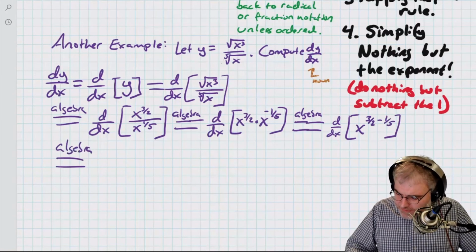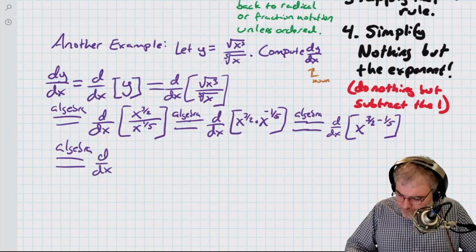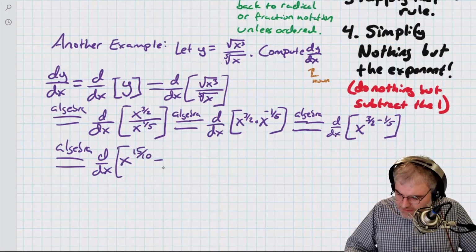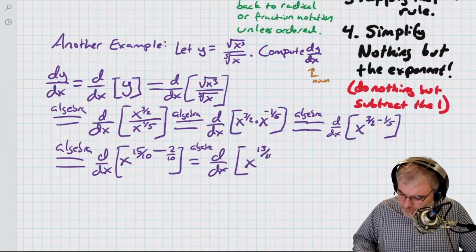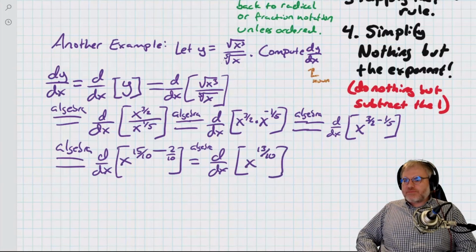Let's see, the common denominator is 10. x to the 15 over 10 minus 2/10 equals x to the 13 over 10. Nope, doesn't equal that. It equals the derivative of x to the 13 over 10. Still no calculus.